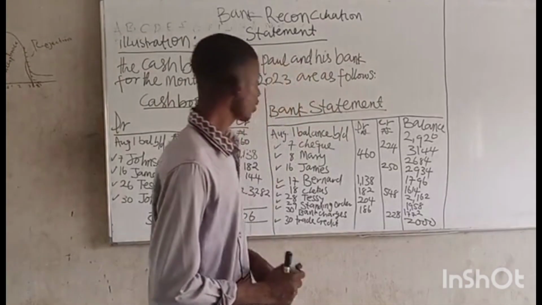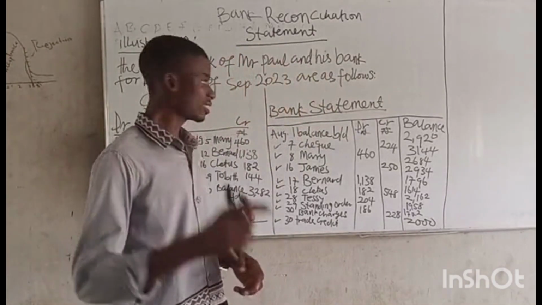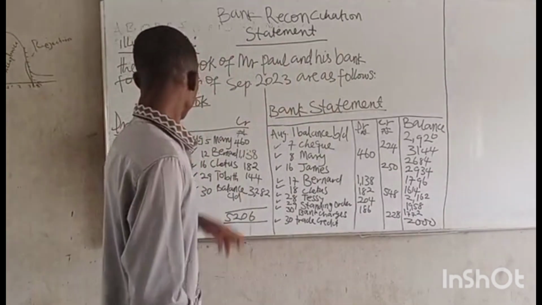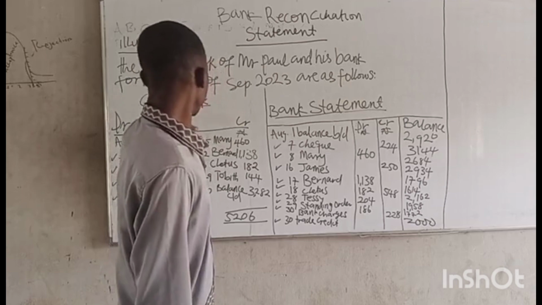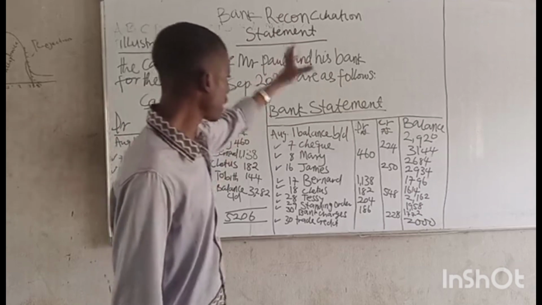Okay, so under normal circumstances, a transaction that appears in the cash book is supposed to also appear in the bank statement.